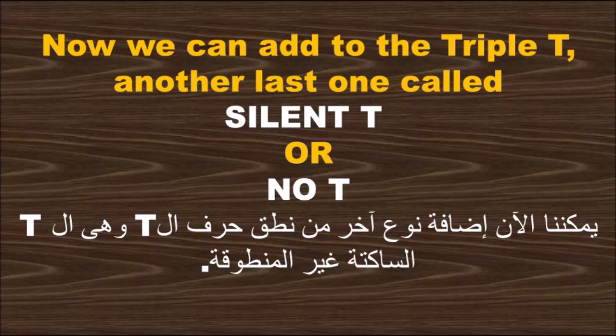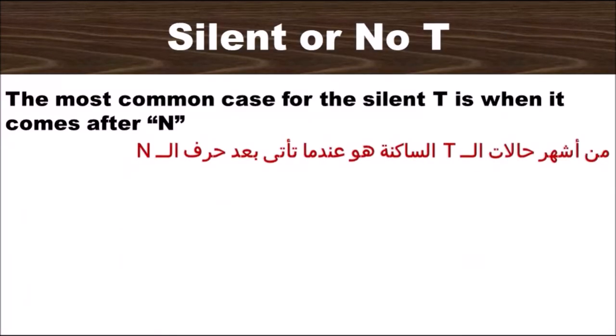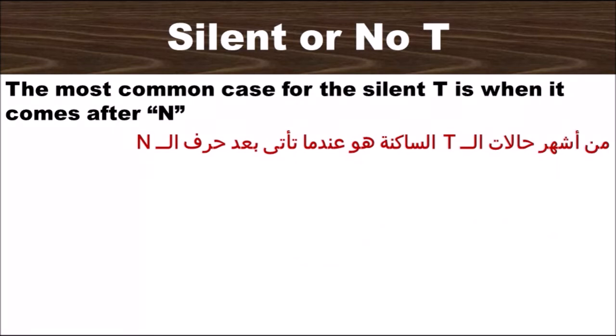Right now, guys, we can add to the triple T another last one called silent T or no T. What is the silent T or the no T? The most common case for the silent T is when it comes after N. And silent, guys, it means that we don't pronounce it at all.